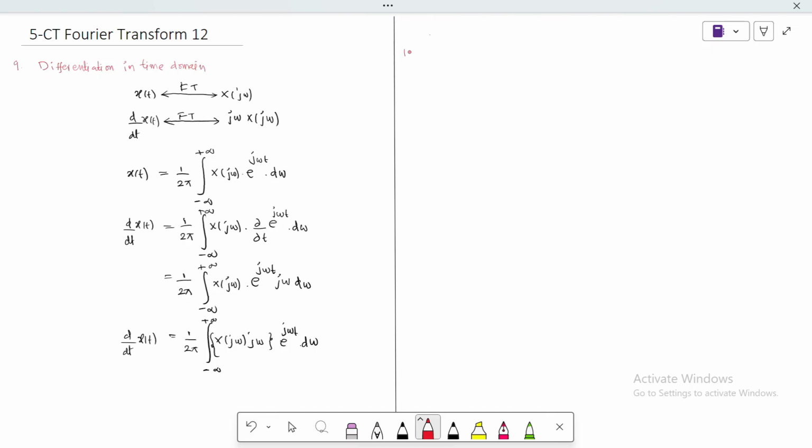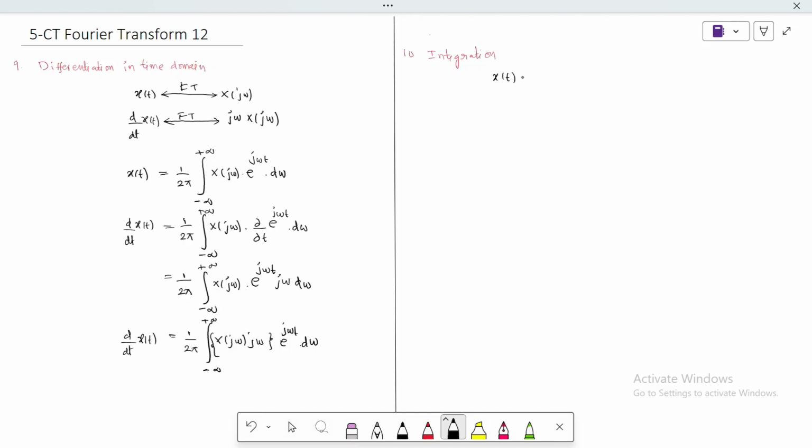The next property, integration. Here I am directly writing the same concept.